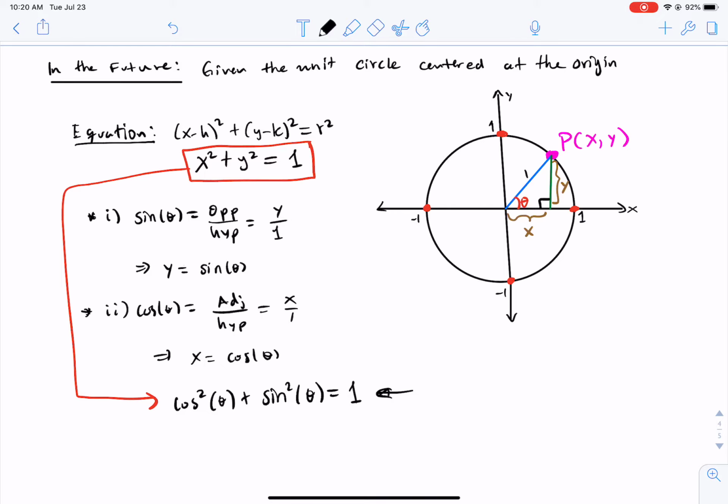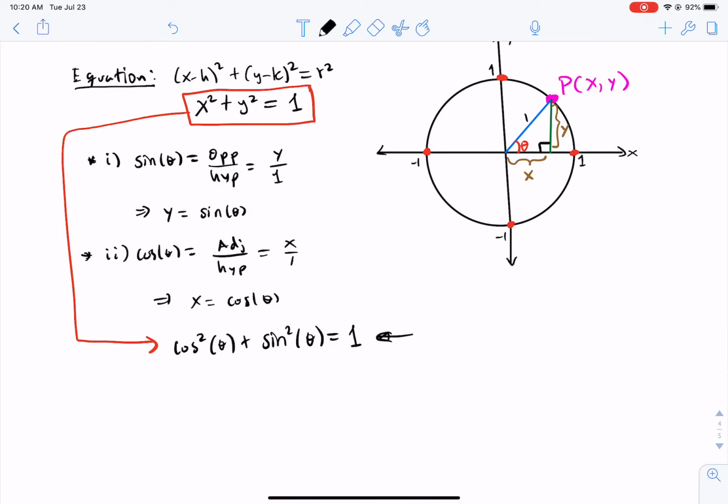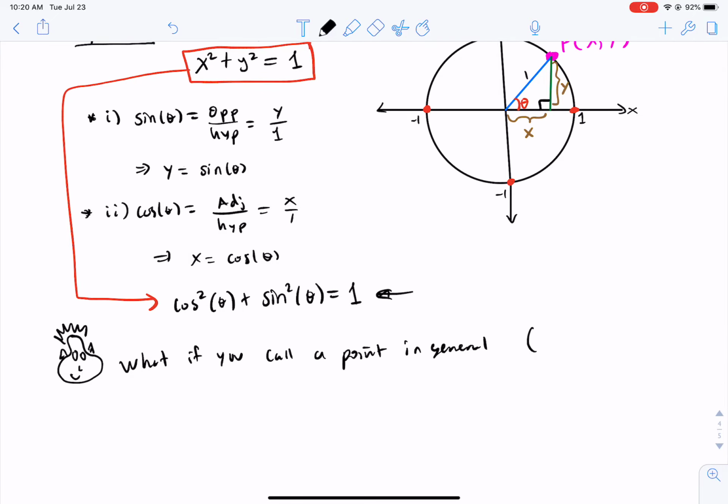More than that, we are saying, what if we are plotting points? What if you call a point in general x, y?